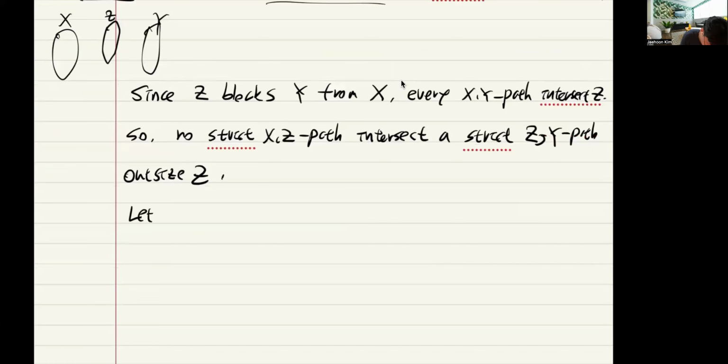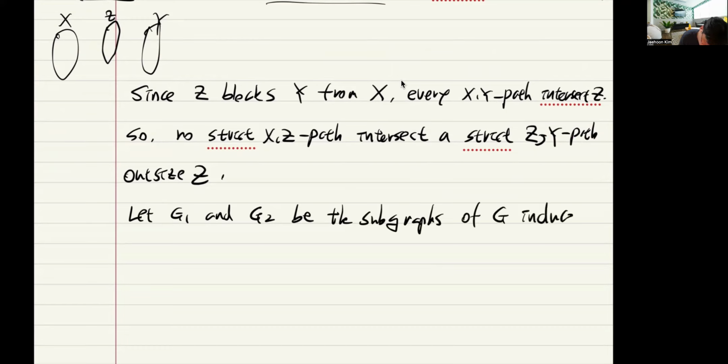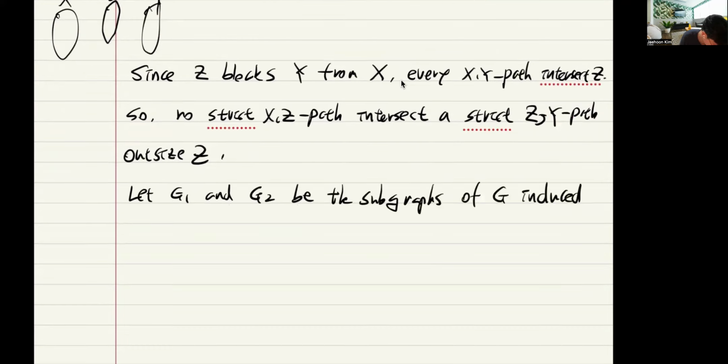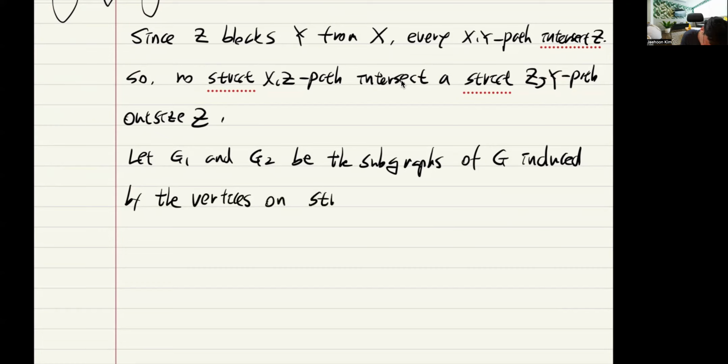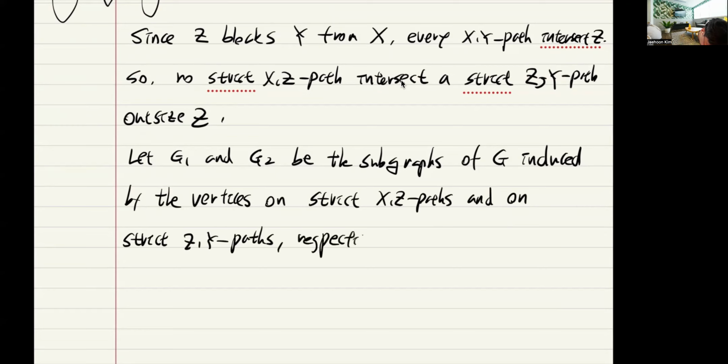So let G1 and G2 be the subgraphs of G which are induced by the vertices on any strict xC path and on any strict Cy path respectively.